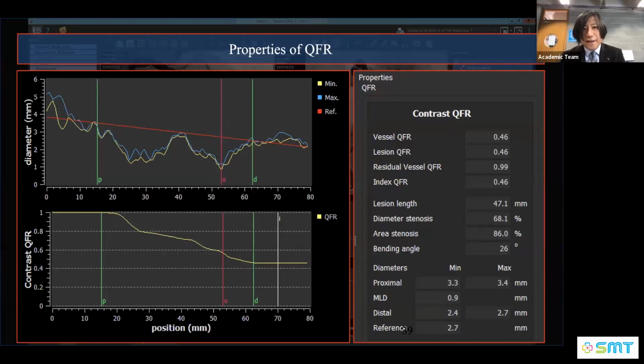I think theoretically yes, but we don't know how much it will influence. In terms of the measurement and reproducibility, it's probably good to have the same condition and same contrast, but we still do not know how much it will influence the QFR.